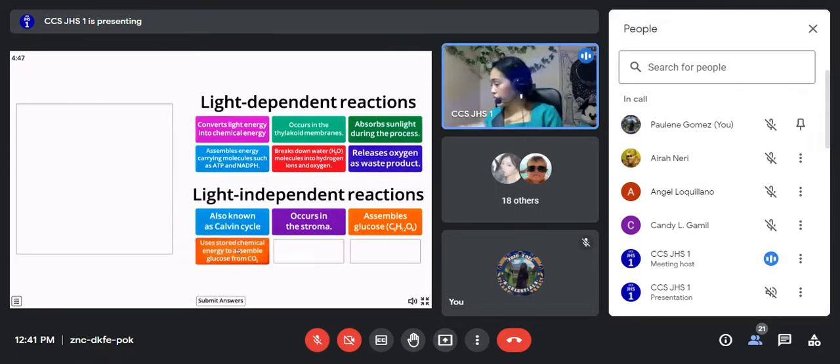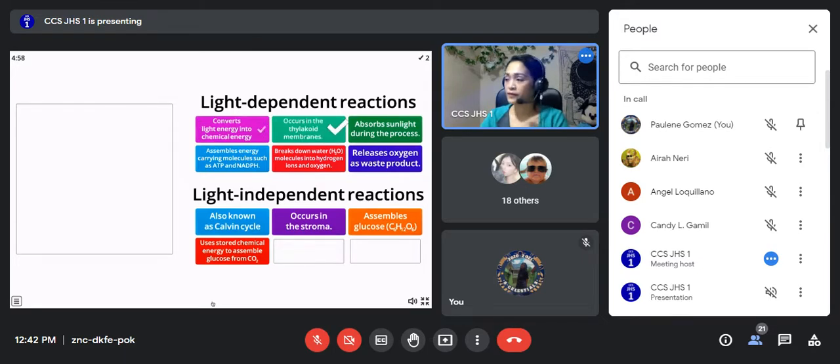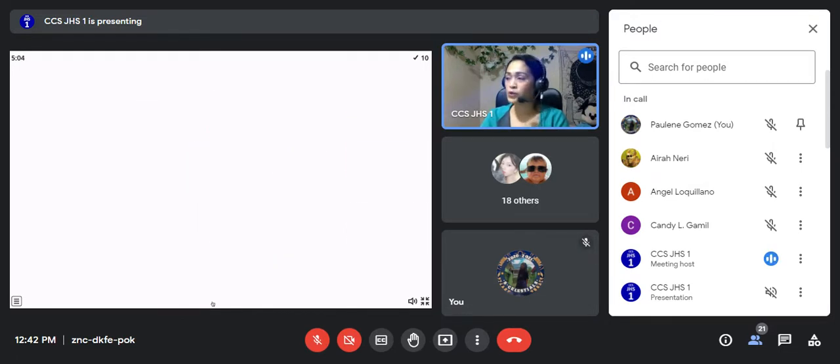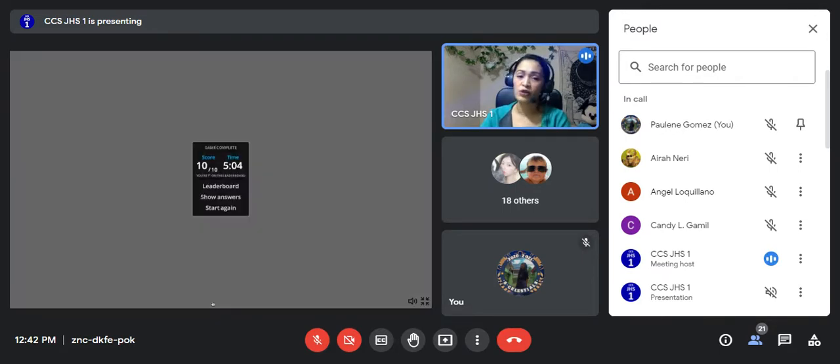Okay. Let's check and let's submit our answer if all of these statements do really belong or have been sorted under the correct stage or reaction. Let's check. Okay, very good. All of the statements have been sorted under the correct stage or reaction.